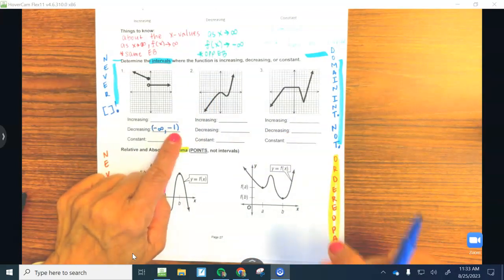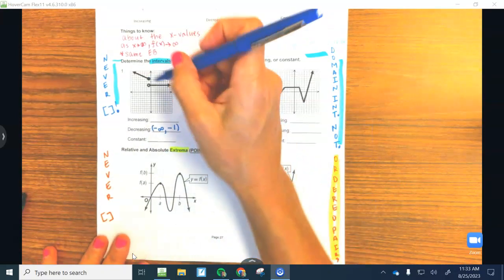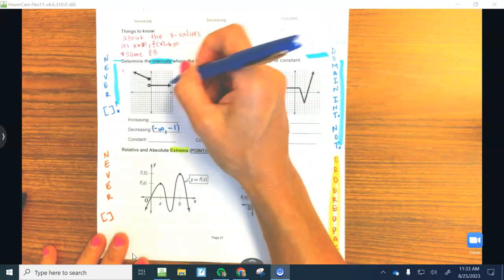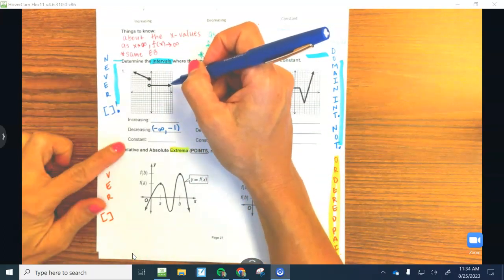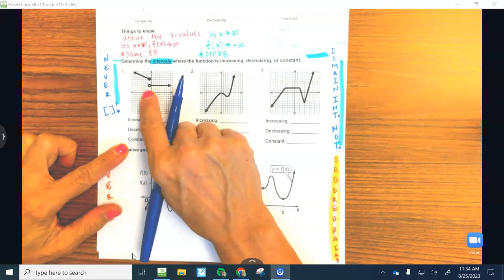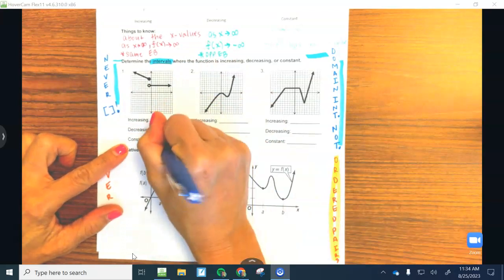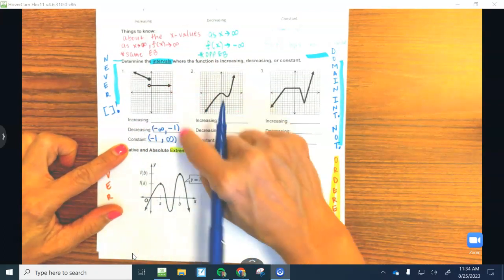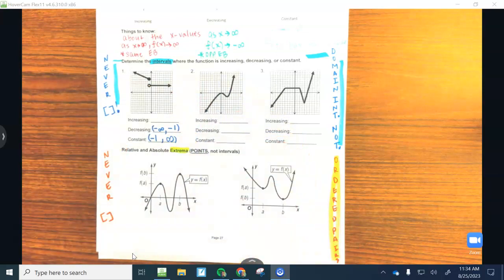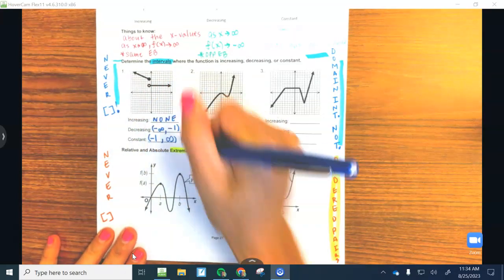No brackets in increasing and decreasing. Now this next piece is just constant movement. Even though it has an open circle right there, I would still use a parenthesis. So it is constant along the x values from -1 to infinity. For increasing, no change here, so just write none. There's nothing going up.